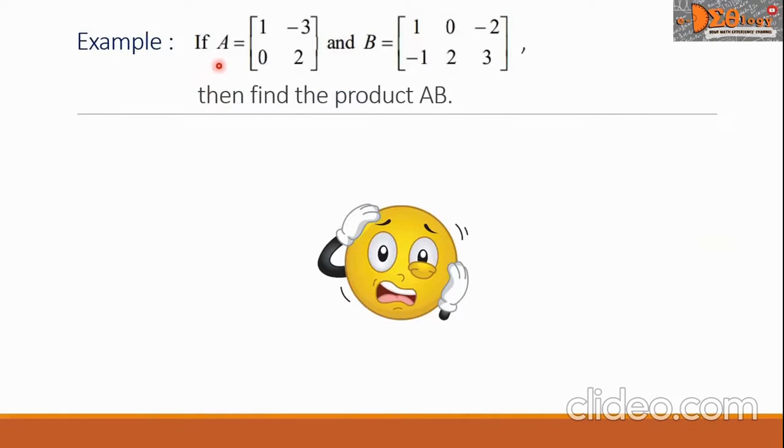Example, if matrix A equals 1, -3, 0, 2 respectively, and matrix B equals 1, 0, -2, -1, 2, 3 respectively. Then find the product AB.